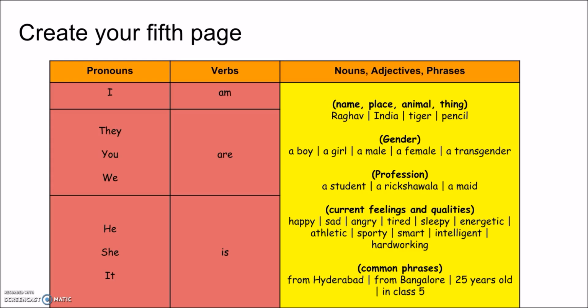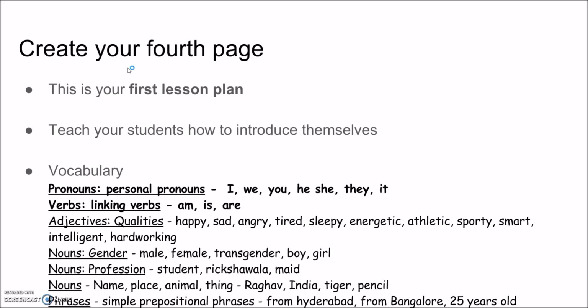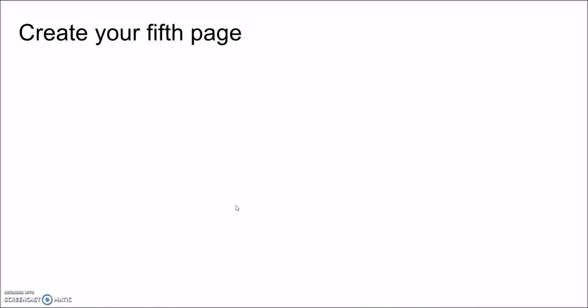Okay, so let's look at what we have here. We have a 3-column table, and in the first column we have pronouns, and in the second column we have the verbs. What kind of verbs and what kind of pronouns? Let's go back. The personal pronouns, all these 7, and then the linking verbs, these 3.